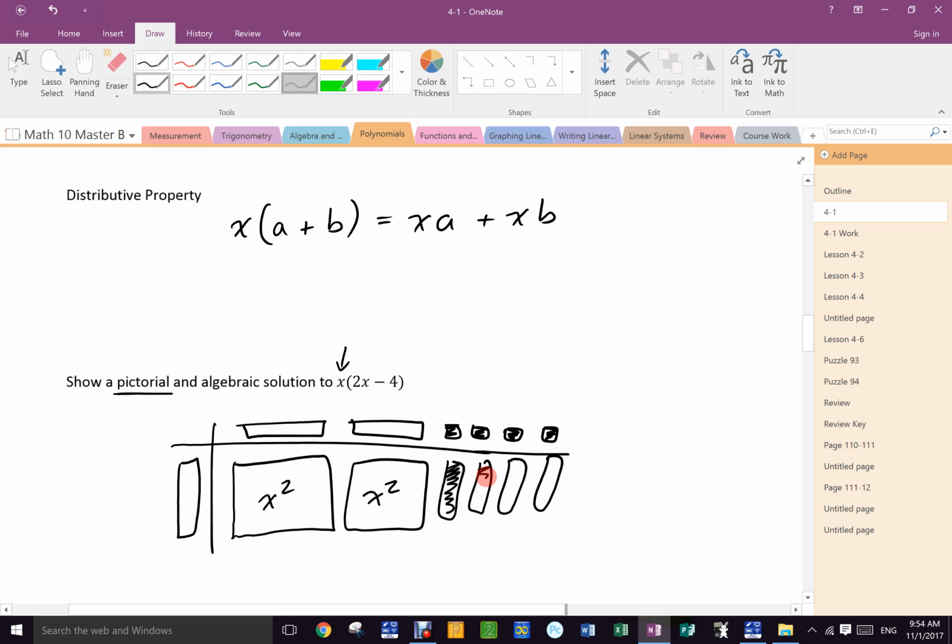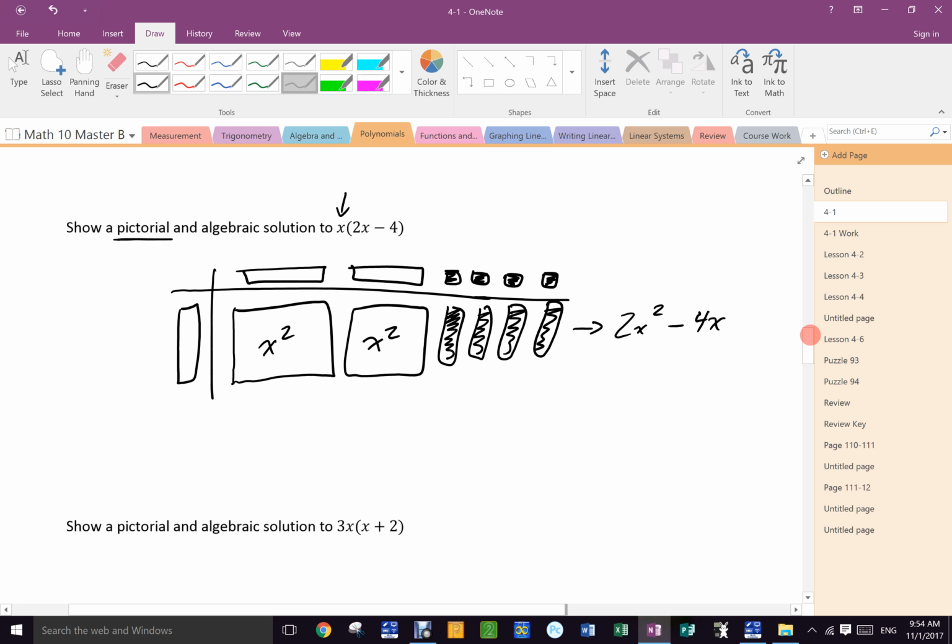Negative wins, because when you multiply two things with a different sign, the answer is negative. This is now my answer. How many big x squareds are there? 2x squareds. How many little guys? Minus 4x's. That's the picture. I don't want to use them anymore. Can everybody do them? Terrific.